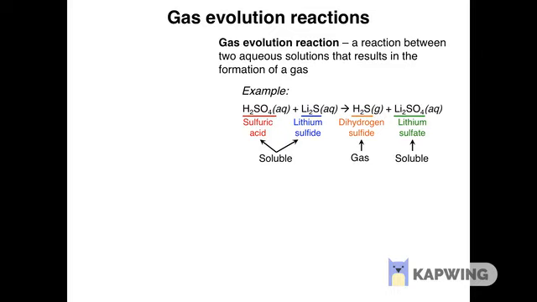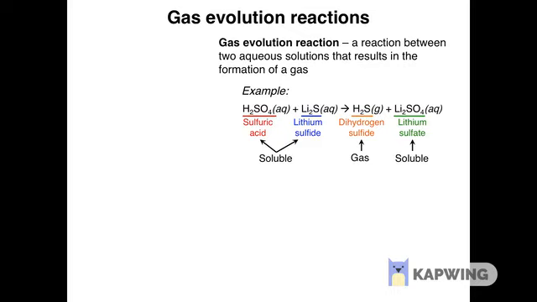The first product is a molecular compound, dihydrogen sulfide. It is composed entirely of atoms of nonmetals, hydrogen and sulfur. At room temperature and atmospheric pressure, dihydrogen sulfide is a gas. The second product is a soluble ionic solid, lithium sulfate.